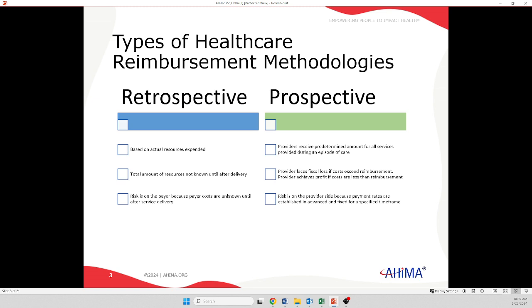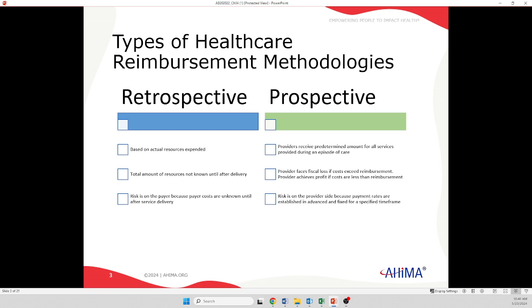If we had only one plan, it'd be great. If we had only one insurance provider, it would be great. But unfortunately, we don't. So what we have to do is always make sure that we're looking at the patient's insurance plan and what their contract says as far as which type of reimbursement they have with that facility that we are working with, that we want to get reimbursement.